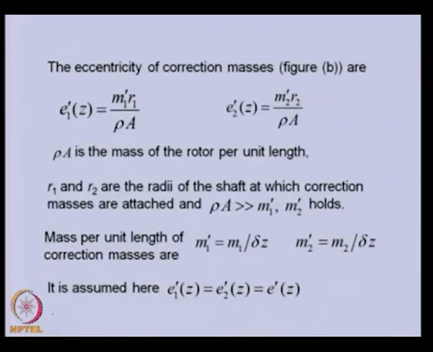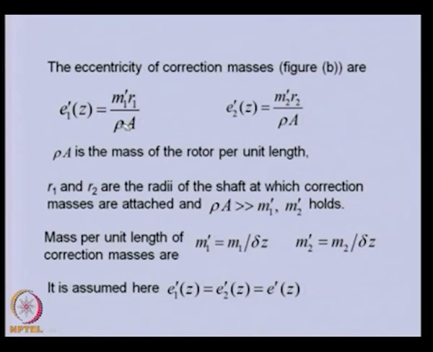Now the eccentricity of the correction masses which we kept is given like this. Here we can see that the correction masses are at the R1 location, and we are calculating the eccentricity by equating the force which this correction mass gives. So M1 R1 omega square will be the force corresponding to that correction mass, and rho is the mass per unit length of the shaft.